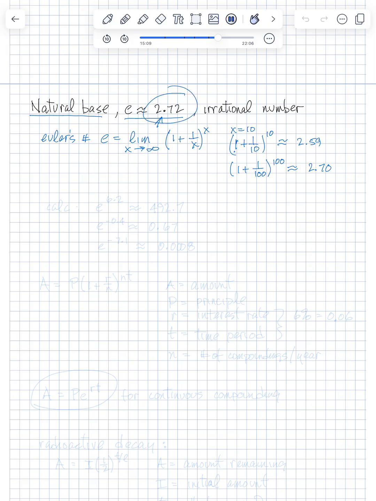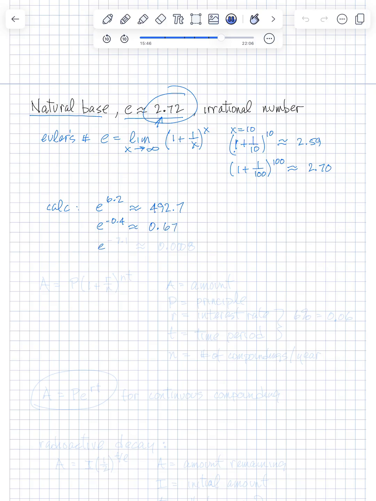Or you just use your calculator. You have an e button on the calculator, and using a calculator, we would say e^6.2, and we get a number of 492.7, or we can have e^-0.4, and that's going to be a smaller number, 0.67.